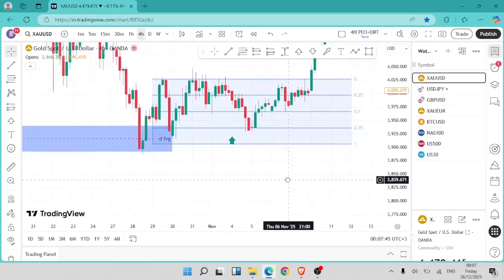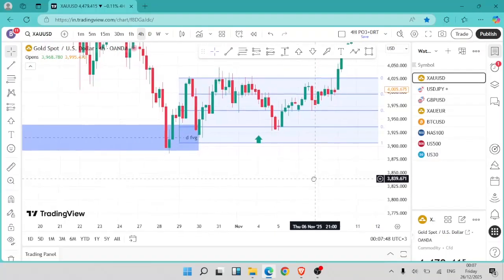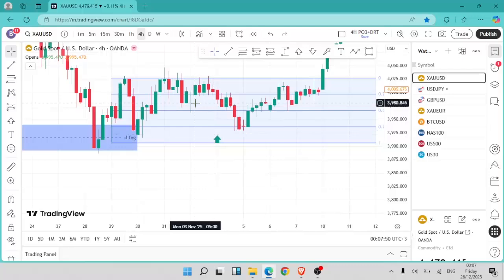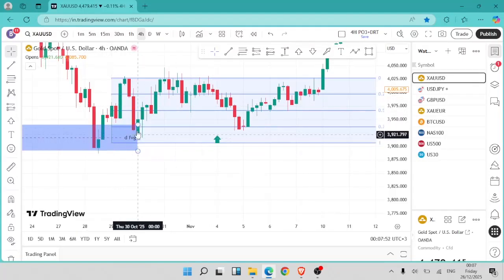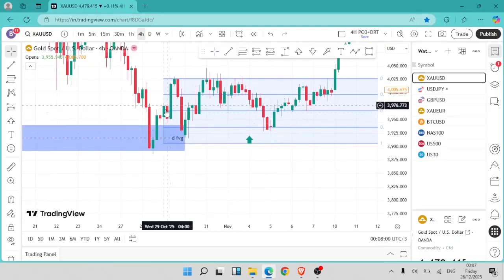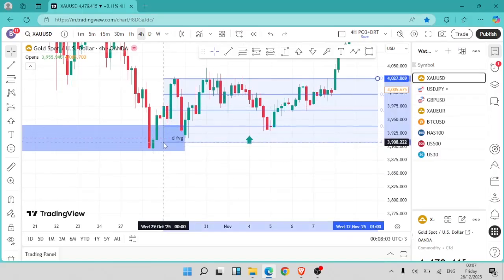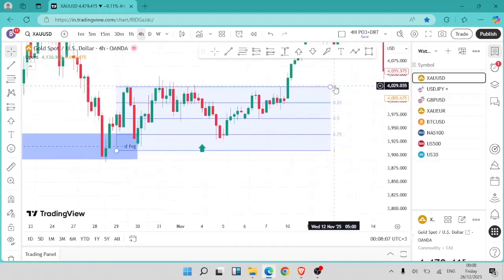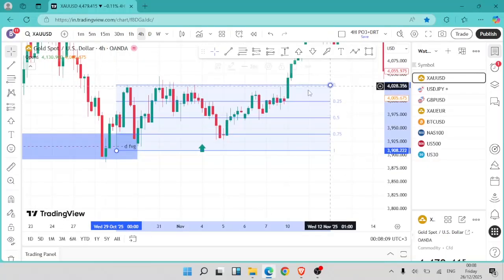So that reaction is giving us that, and now we have this as a fair value gap as well, price coming into it, and also we do not have a clear change in state of delivery because our dealing range begins from this point up to this point right here, from here up to here.